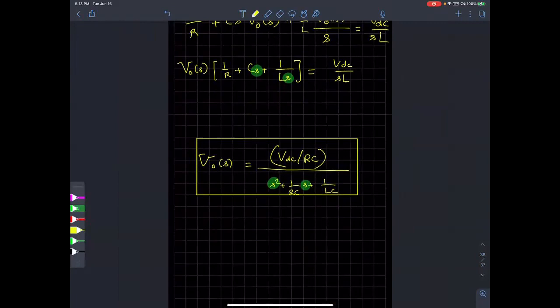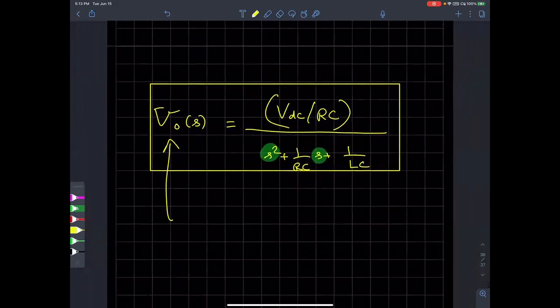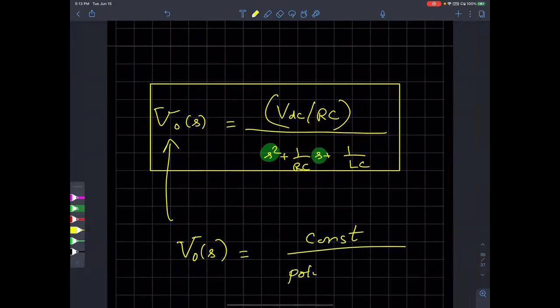That's what you're asked to find out: the Laplace transform of the output voltage. You can massage it: V dc over S squared plus 1 over RC S. We like this form because the Laplace transform of the output function is in the form of some constant times a polynomial in S, S squared plus 1 over RC times S plus 1 over LC.